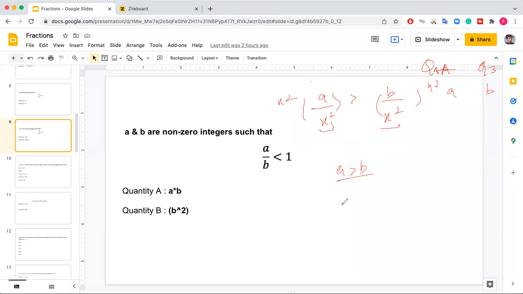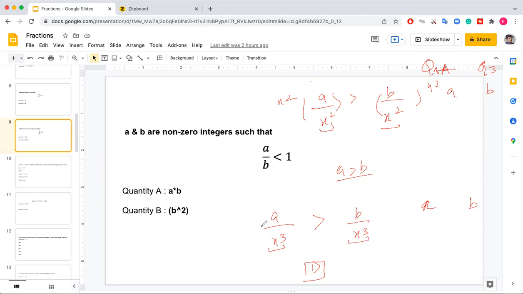But if I just change the scenario, if I have A over x cube and B over x cube, can we compare A and B now? No, it can't be determined. The answer would be D, because this is a cube, an odd power. And an odd power of a negative number is also a negative number, right?